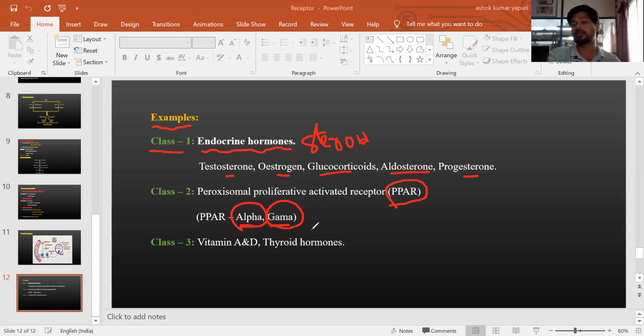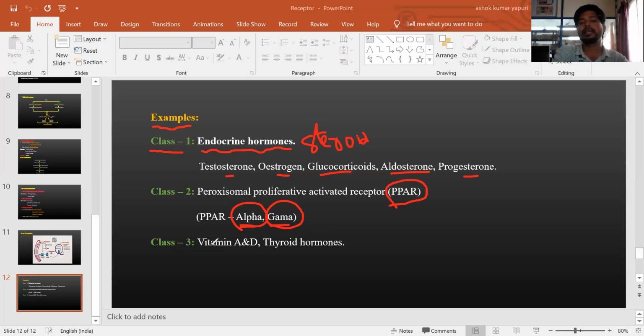Like this also they will ask questions. PPAR alpha is the binding site for anti-hyperlipidemics, drugs which reduce the excess lipids in the body, that is fibrates like bezafibrate, clofibrate.